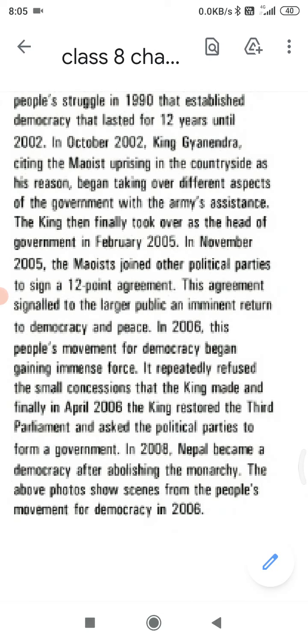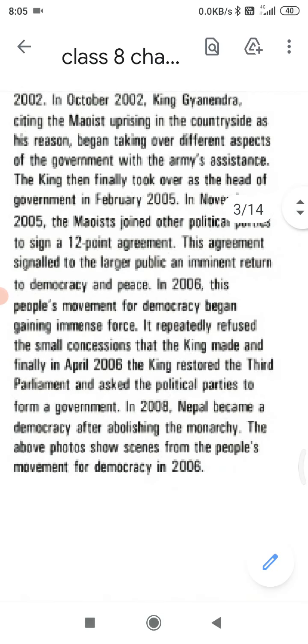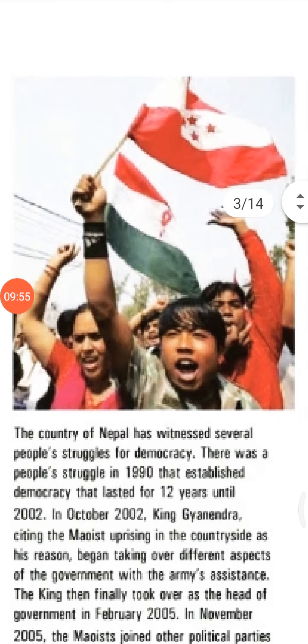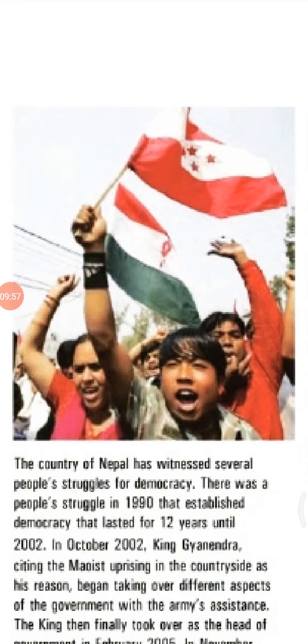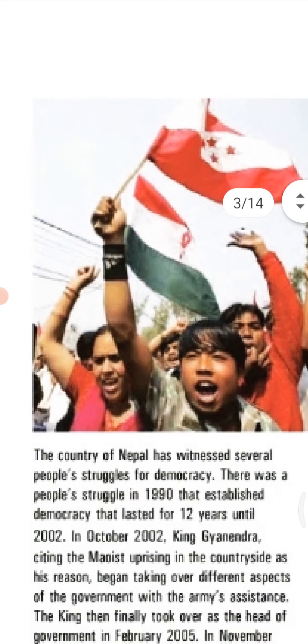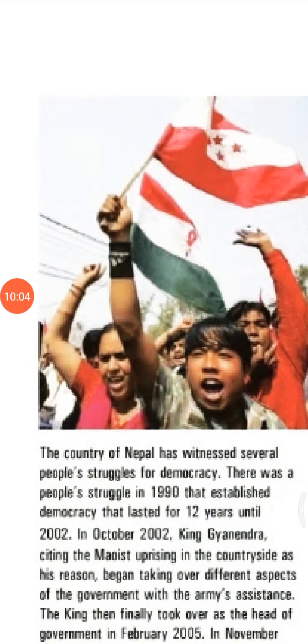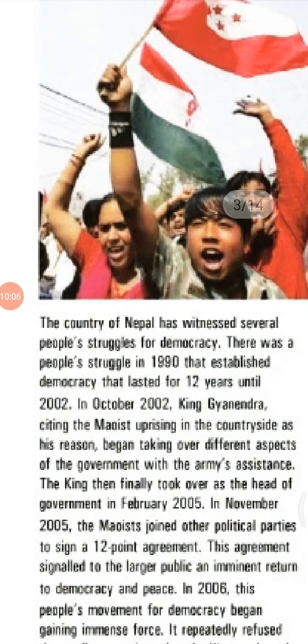The above photos show scenes from the people's movement for democracy in 2006. Now see which picture? This one. This is a picture where the people are struggling for gaining democracy. So see, with the help of the people's movement, the country became a democracy. The country turned from a monarchy to a democratic country.